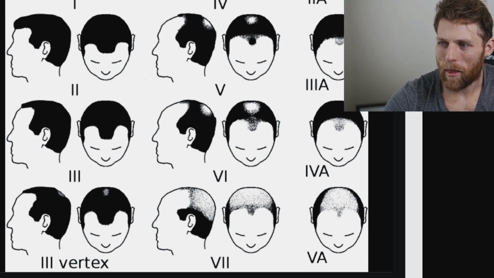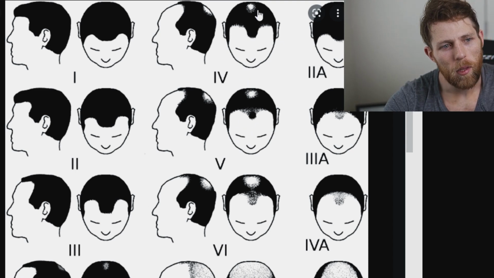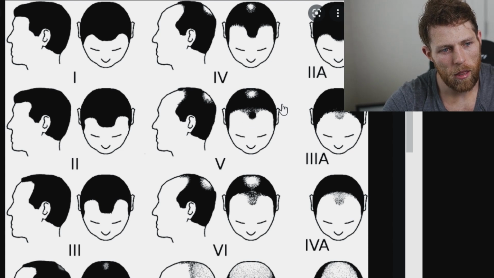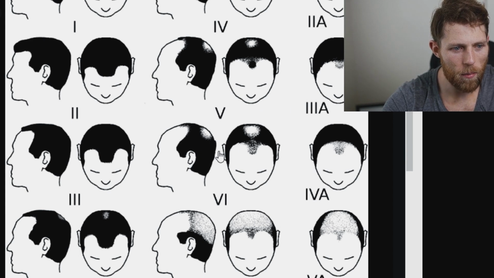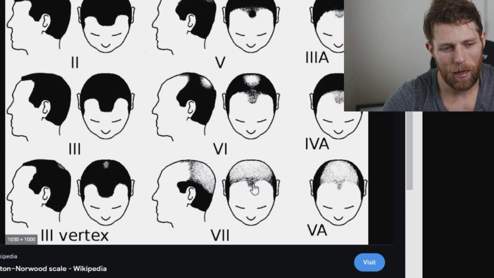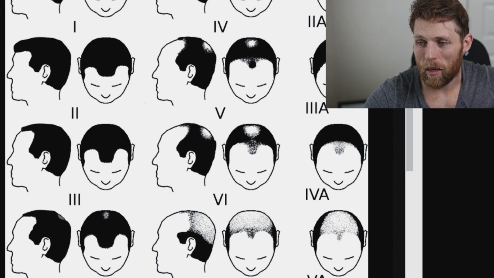But once we start getting into this territory, like the Norwood 4 and the Norwood 5, where we're starting to get that crown recession and the frontal recession and the thinning throughout the middle, I don't know if it makes much sense to go for a partial or just a frontal, because honestly, you're probably getting a hair system to have the hair that you always wanted.